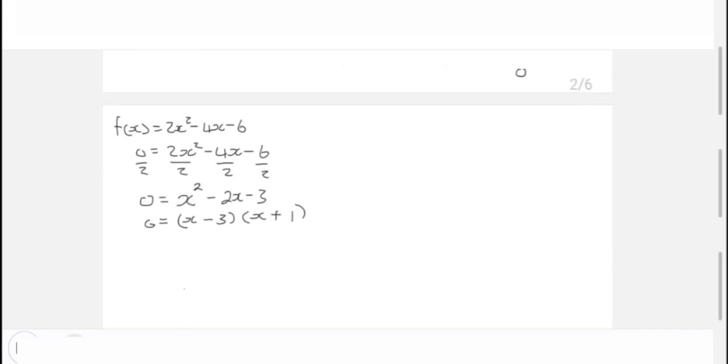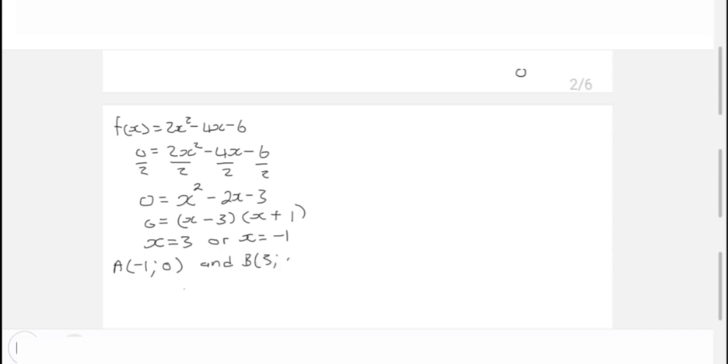Okay, let's continue. Then from here, we can just say x is equal to 3, or x is equal to -1. Okay, I think we just found a and b. a will be -1 since it was on the left-hand side, so it's negative, and b will be positive.